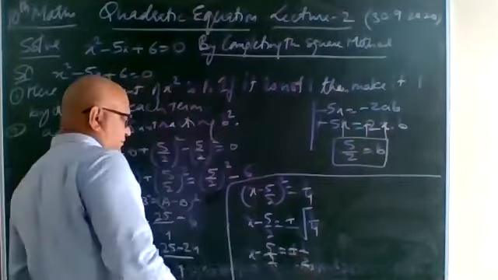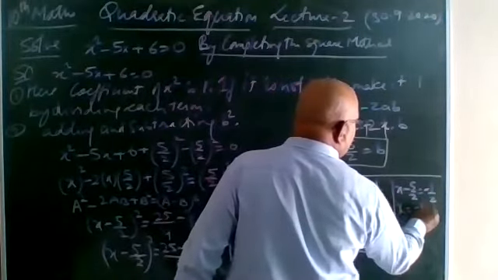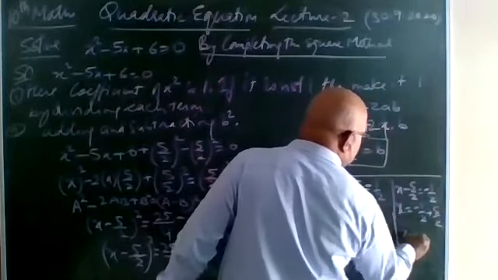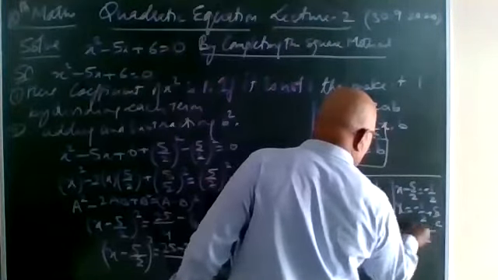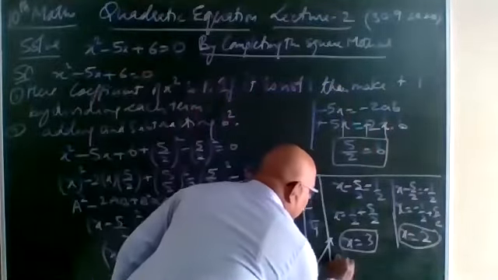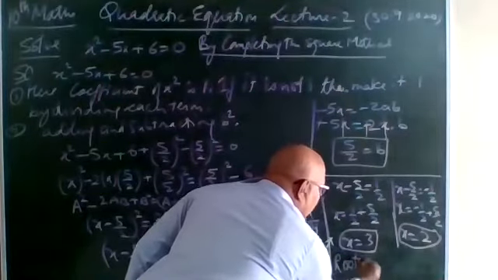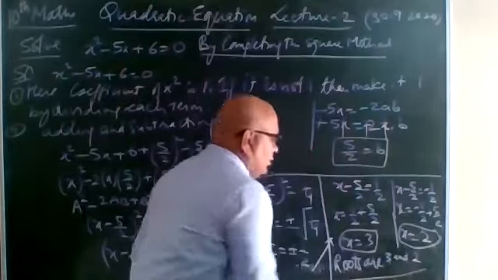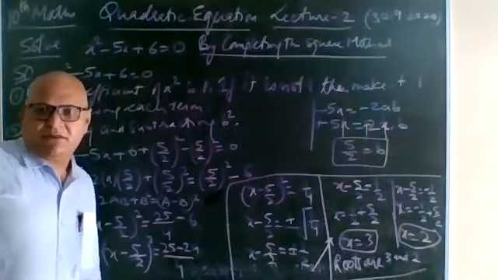So x equals 1 by 2 plus 5 by 2, which is 3, and x equals minus 1 by 2 plus 5 by 2, which is 2. The roots are 3 and 2.